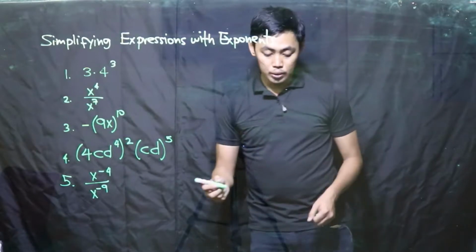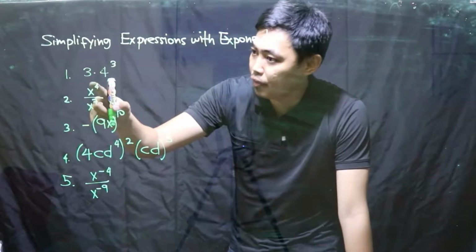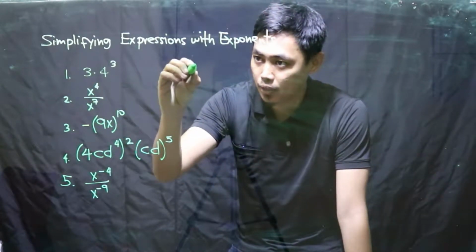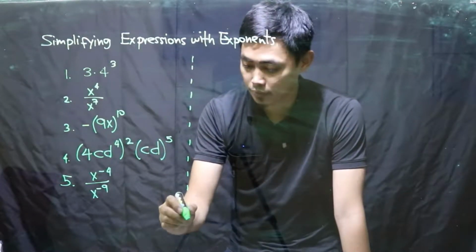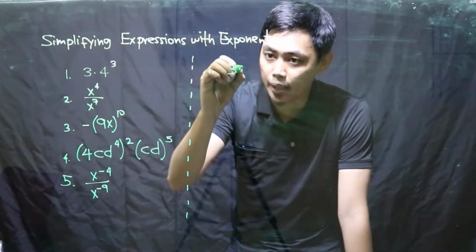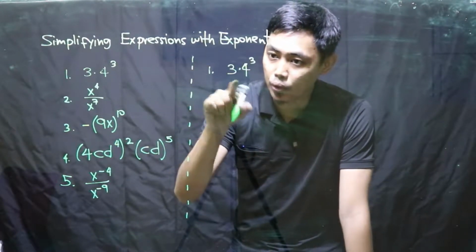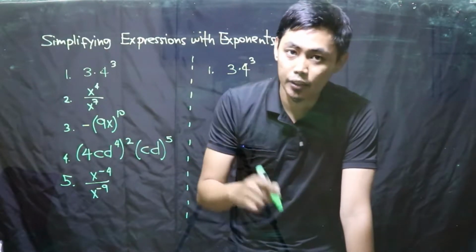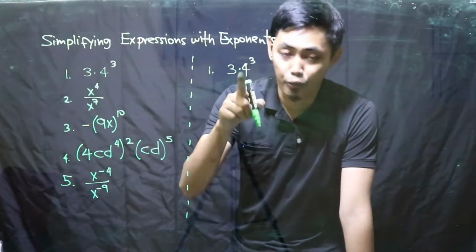Let's go to the first one. We have 3 times 4 to the power of 3. Number 1: 3 times 4 to the power of 3. First, we need to do the exponent. You remember PEMDAS? Parentheses, then exponent, before you multiply.